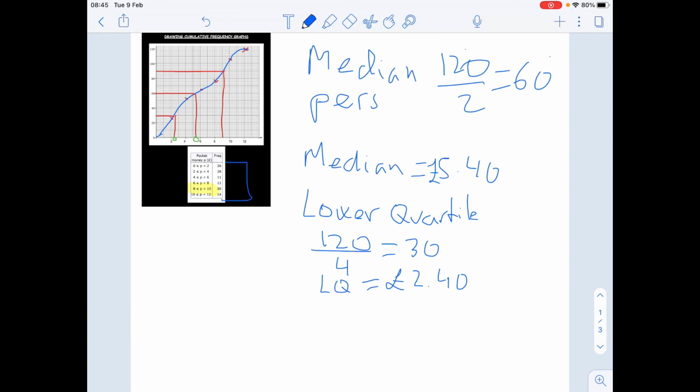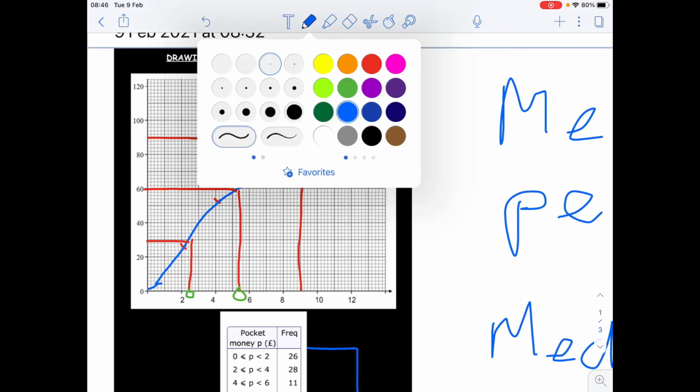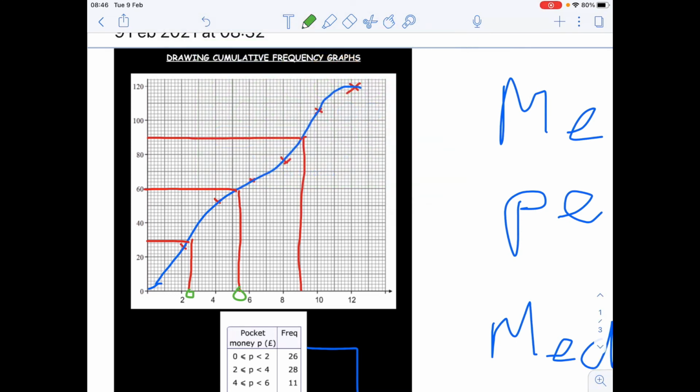One last thing they might ask you, for instance, is how many people had £10 or less pocket money? Well, I'm going to go to 10 with a ruler, all the way up, then across, and we had it from, it's 116, wasn't it?